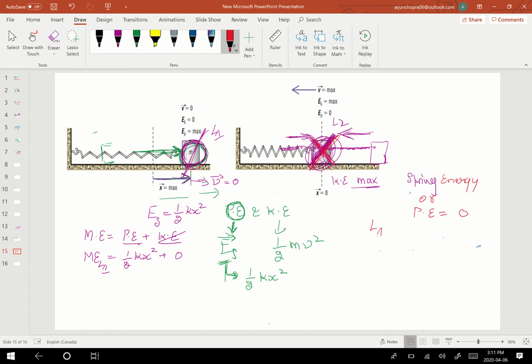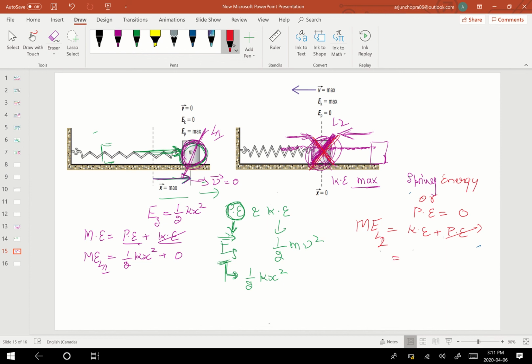So mechanical energy at location 2 will be equal to kinetic plus potential again. So potential will be 0. This I should name as 2. I don't know why I'm saying it as 1. My apologies, guys.